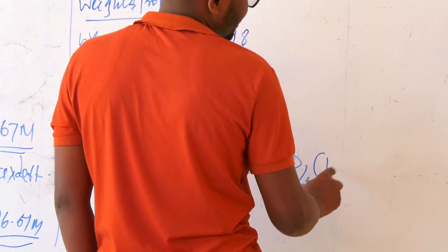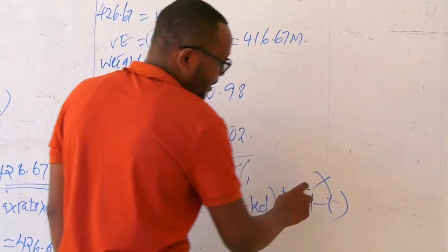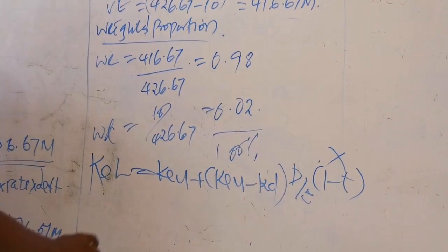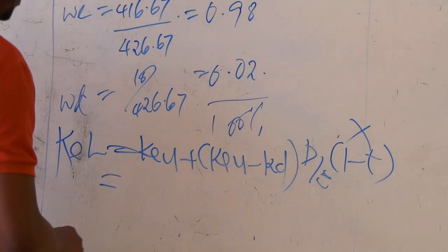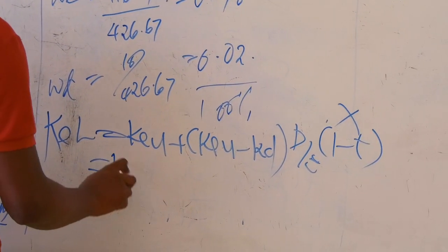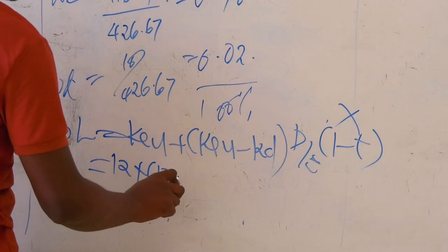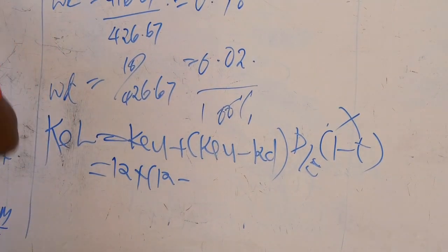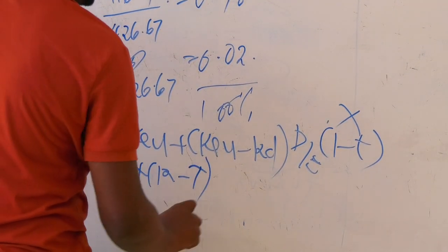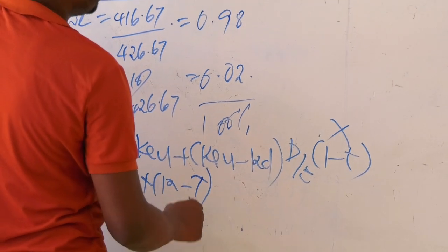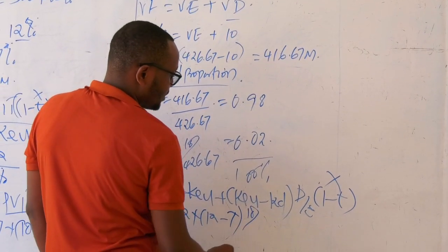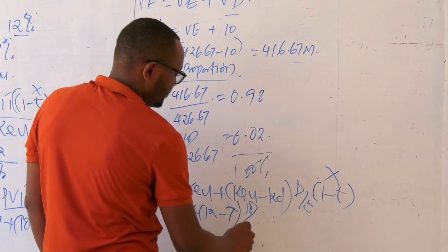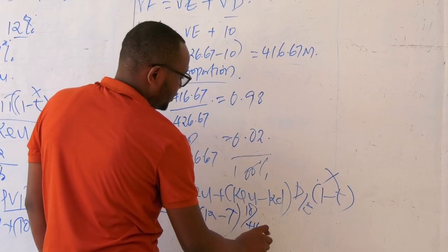We could have included 1 minus T, but this one is not there. So we have Ku already, it is here. Cost of equity of a levered firm is 12 plus 12, minus cost of debt, which is 7. Then we take debt over equity. Debt we have here is 10, and equity is 416.67.